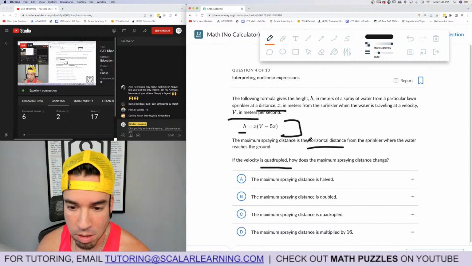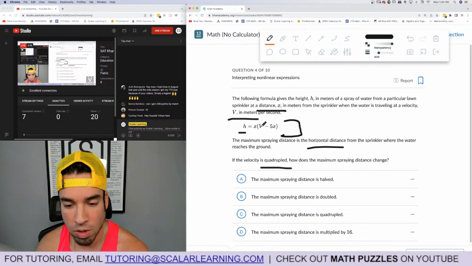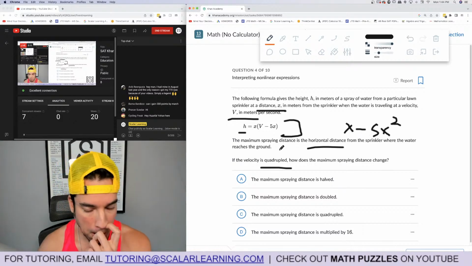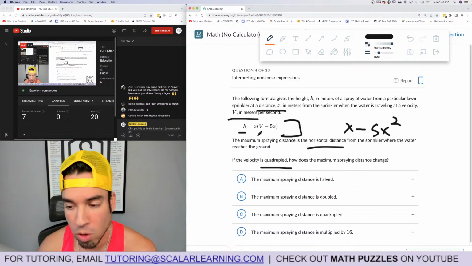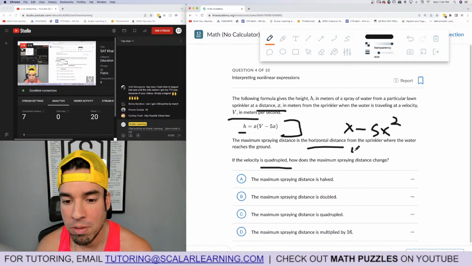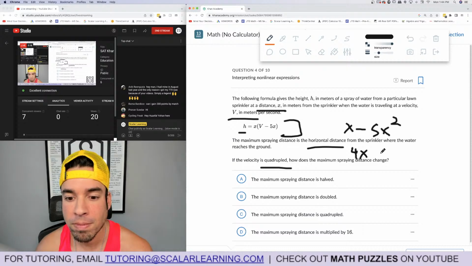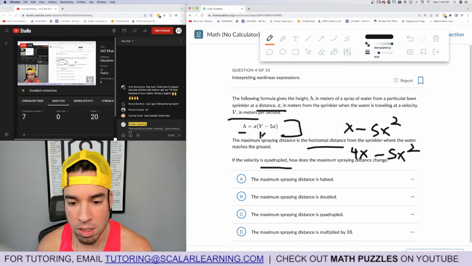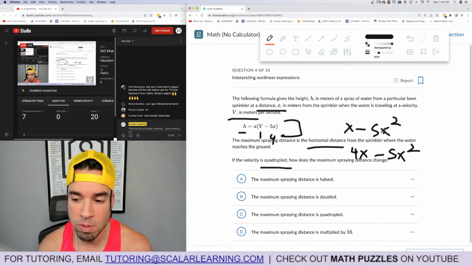Okay, let me think about this. So the velocity is quadrupled. Let's say it's currently 1. It'd be x minus 5x squared. If it's 4, now it's quadrupled, it'd be 4x minus 5x squared, right? Because I'm changing the velocity from 1 to 4, and then I'm just looking at the equations.